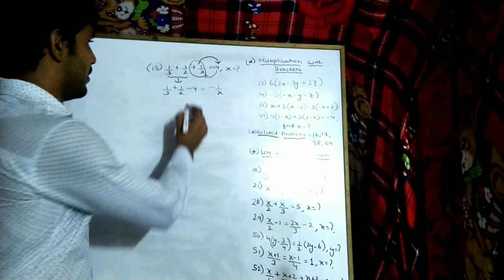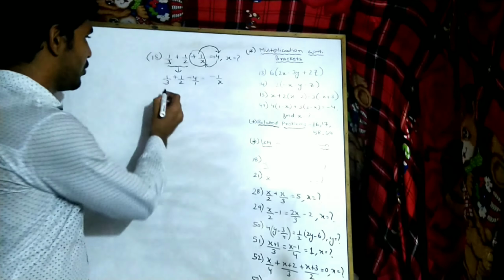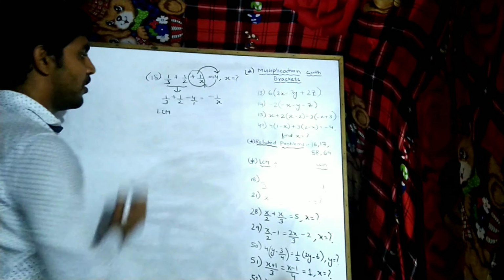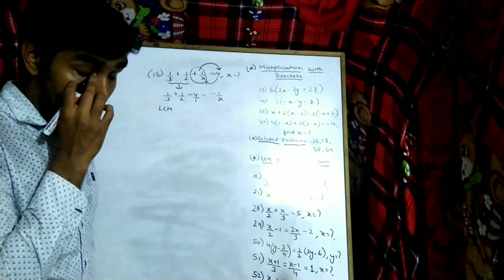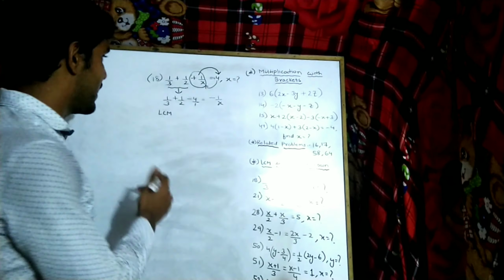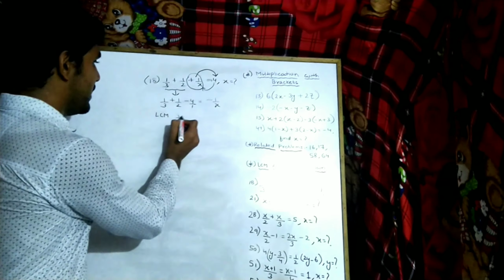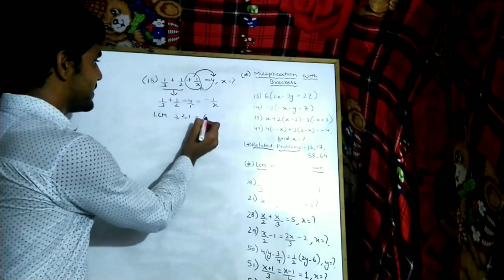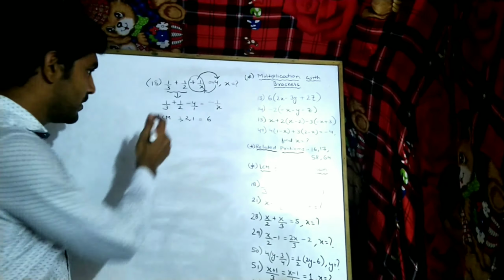Okay. Now let's take LCM. You know how to take LCM? You already studied. Okay, how to take LCM. So what is the LCM of 3, 2 and 1? Will be 6. Okay. So 6 is the LCM. Now how to do?